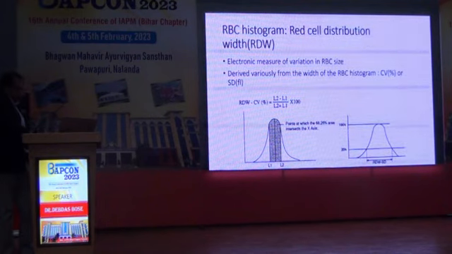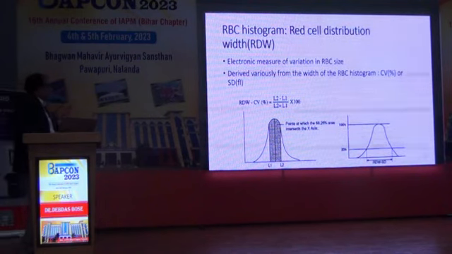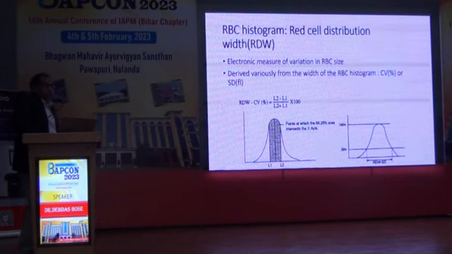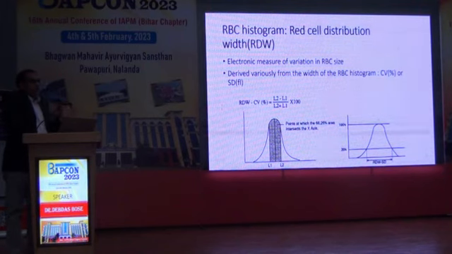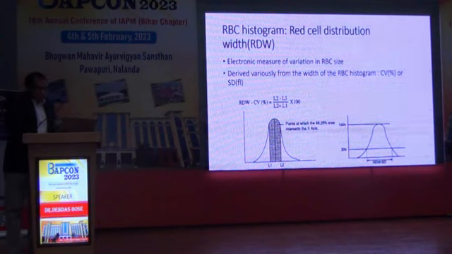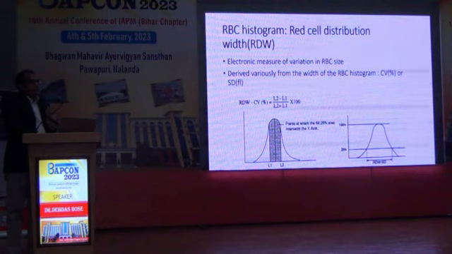Okay. So what is the importance of RDW? Based on the RBC indices, what are the RBC indices? We have seen first the MCV, MCH, RDW, and usually MCHC. Based on these RBC indices, we can differentiate the anemia.